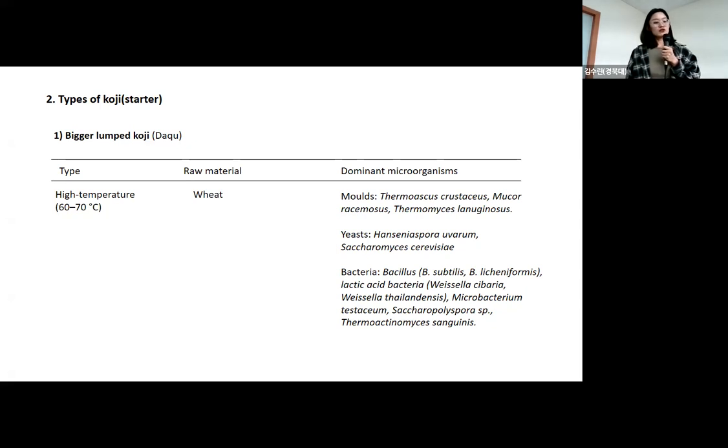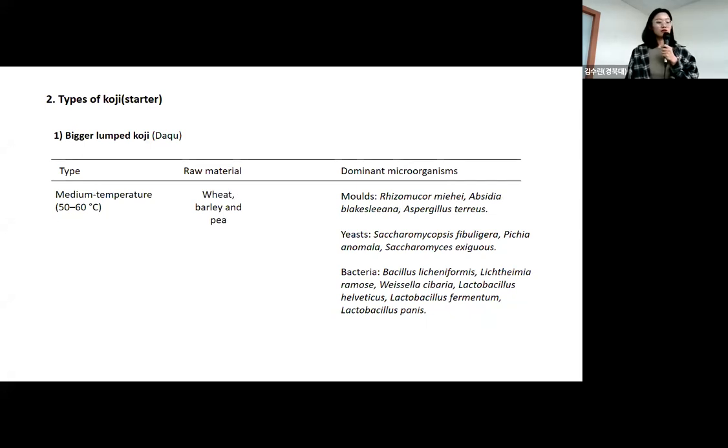The high temperature koji is usually used under fermentation conditions of 60 to 70 degrees, and the raw material is wheat, and the dominant microbes include a variety of mold, yeast, and bacteria.